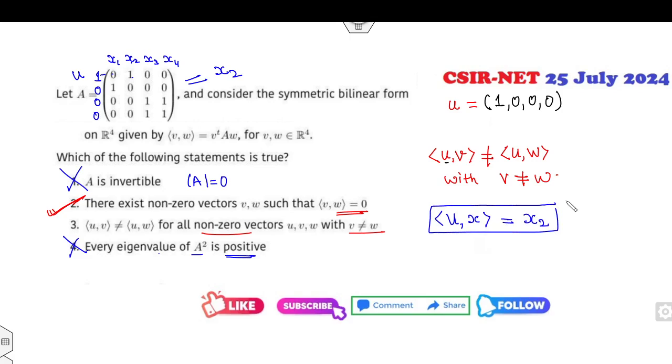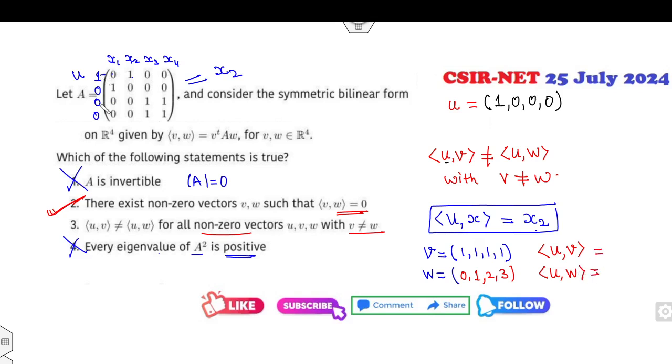Fine. Now I think that's over. I can choose any element of v, say 1, 1, 1, 1. For w, because the second element is common, I can choose 0, 1, 2, 3. What is the inner product of u comma v? What is the inner product of u comma w?